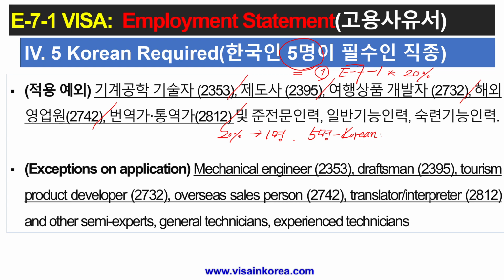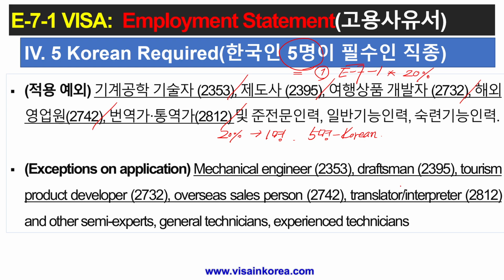Basically, the main principle in applying for the E-7-1 is that 5 Koreans or more are mandatorily required if the company hires one E-7-1 professional. But last year, this requirement was eased.